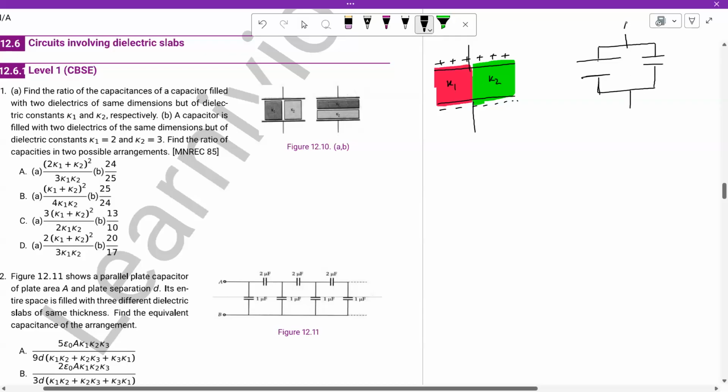This is A and this is B. You see that this is positive, so positive is connected with positive, and negative is connected with negative. So what kind of connection is this one?